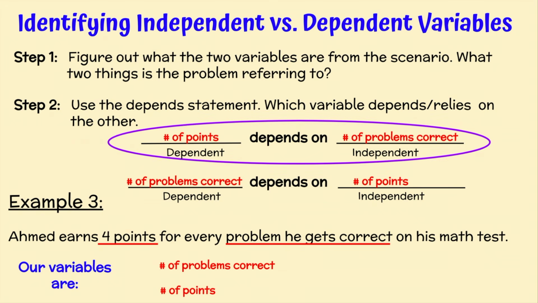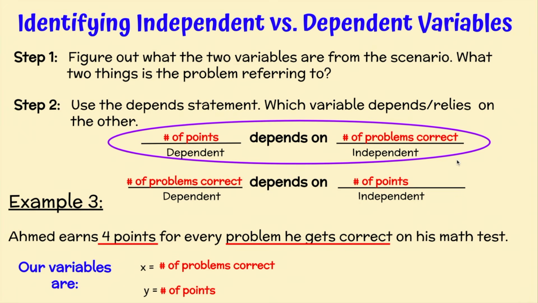The number of points depends on the number of problems Ahmed gets correct. So in this case, our x variable, our independent, is the number of problems correct, and our dependent, our y variable, is the number of points. So remember, y is here, and x is here.